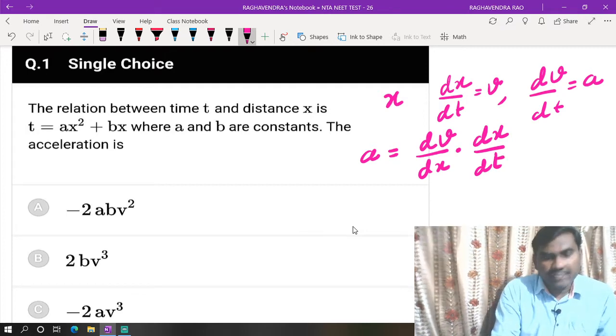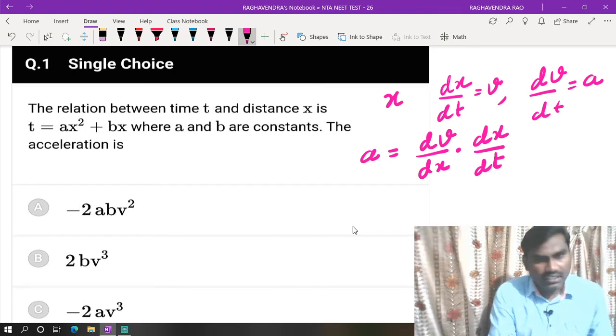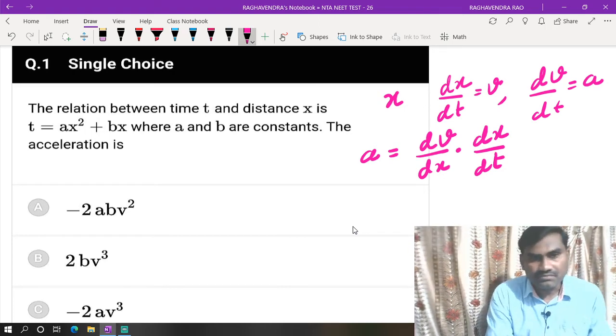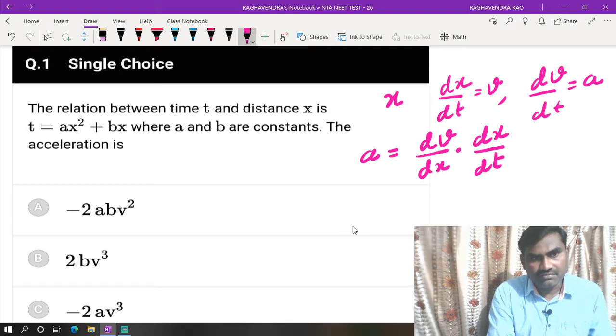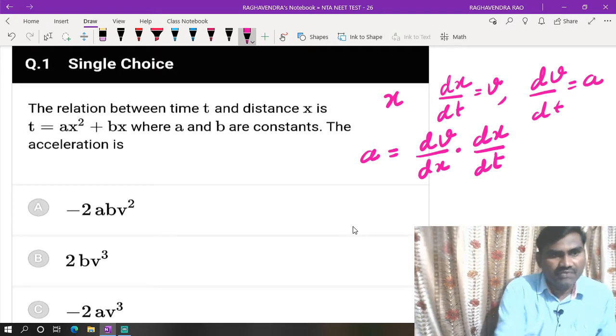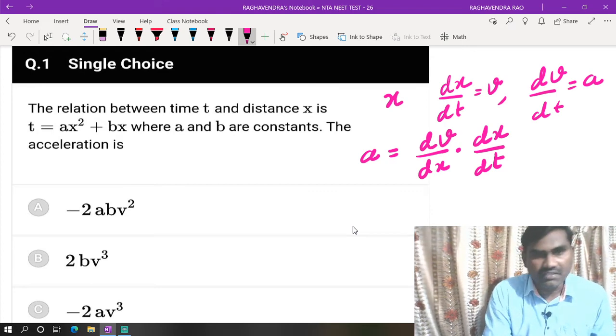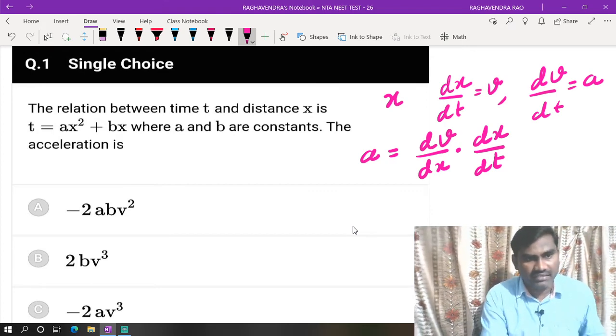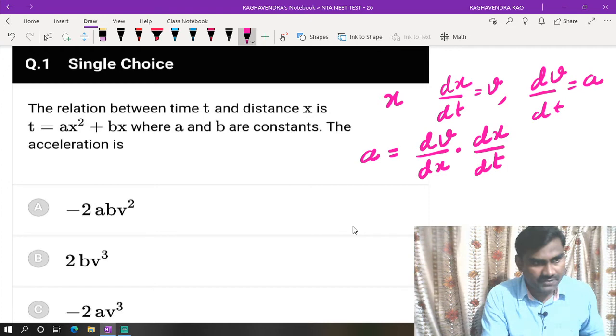Now dx will cancel, and dv by dt is nothing but acceleration. Like that we can represent acceleration. So in general, if displacement is given in terms of time, then we can directly differentiate to get the value of acceleration or velocity, whatever it is.